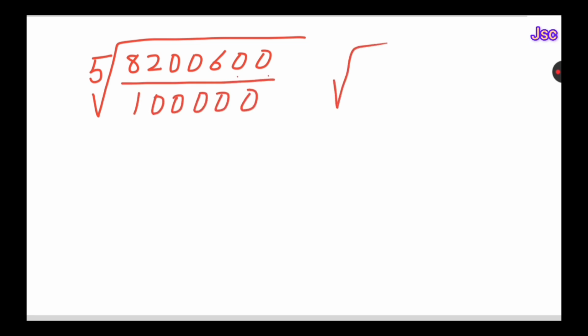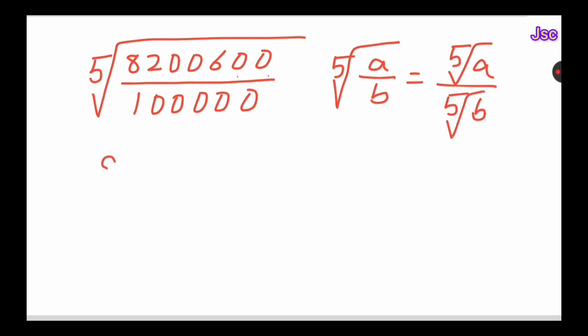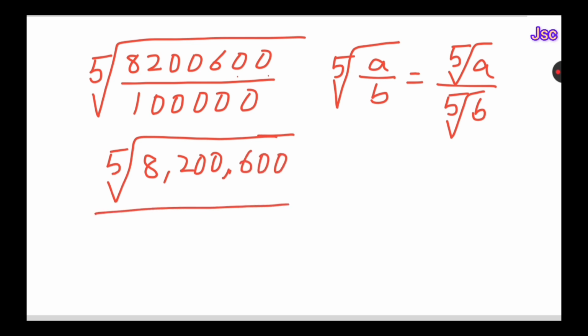Now it is in the form of the fifth root of a over b. We can write this as the fifth root of a over the fifth root of b. So we can write this as the fifth root of 8,200,600 over the fifth root of 100,000. The denominator we can simply write as 10, isn't it?